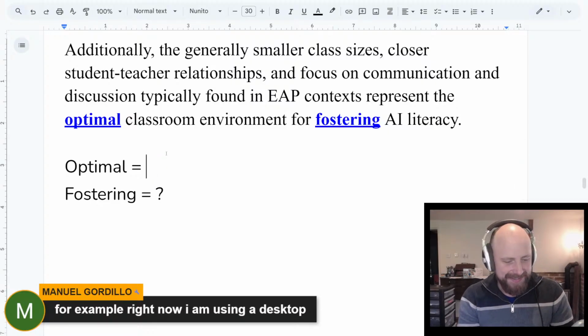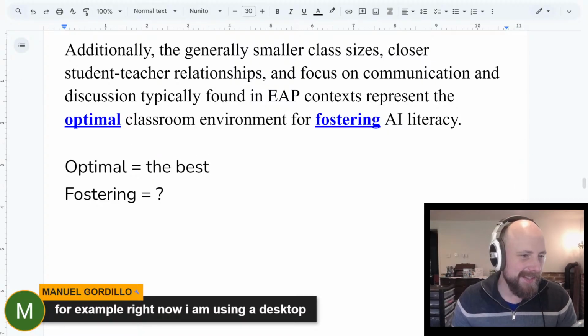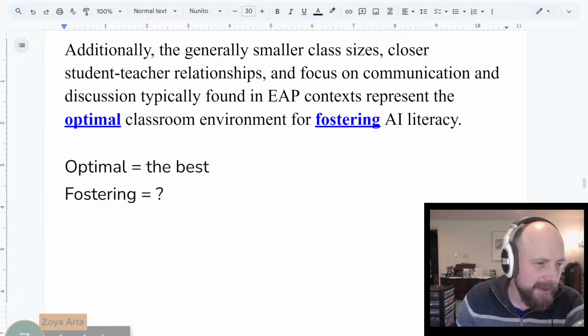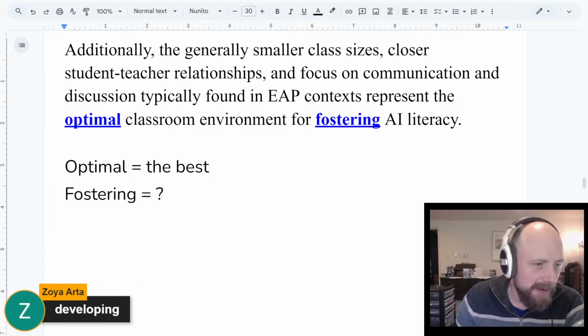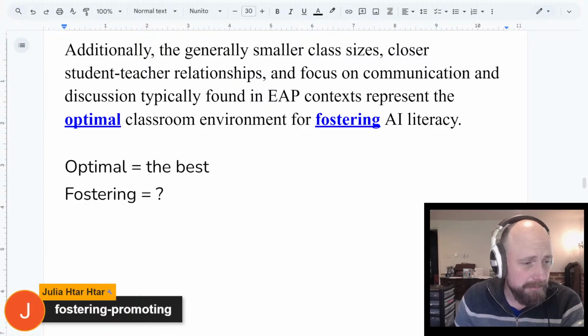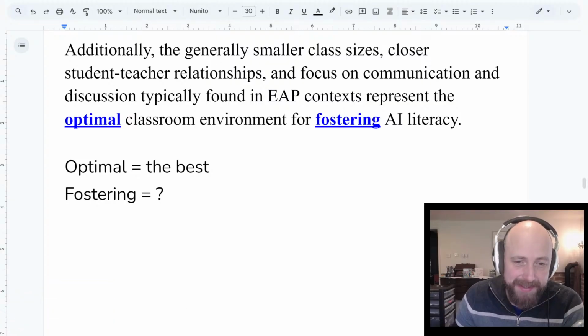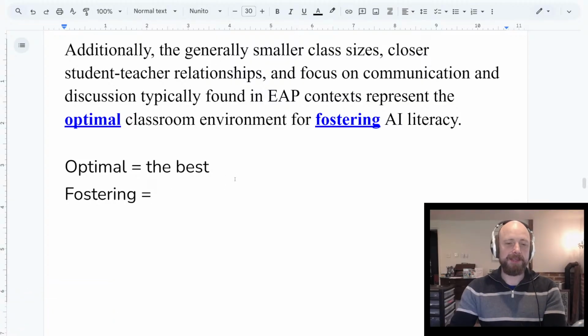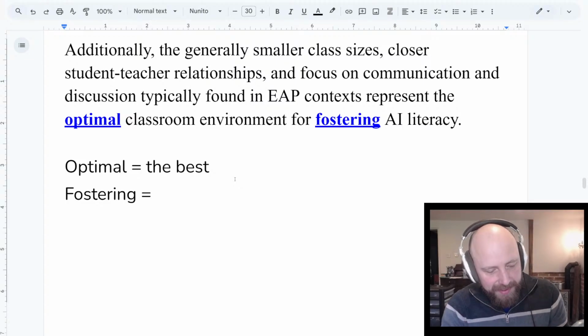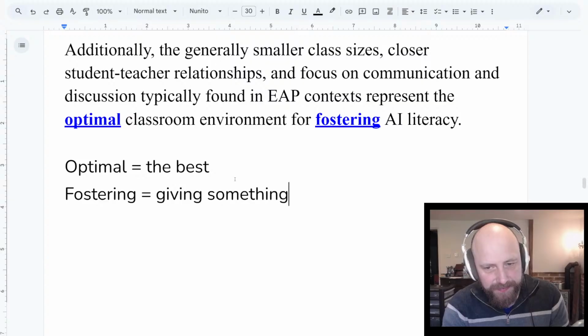Optimal is the best. That's very good, Sleepwalker. I like that. I think that's pretty good. What do we mean by fostering? Zoya's going for developing. That's pretty close. And Julia says promoting, which I think is even better. It's somewhere between those, actually. Fostering is like giving something the conditions to grow.